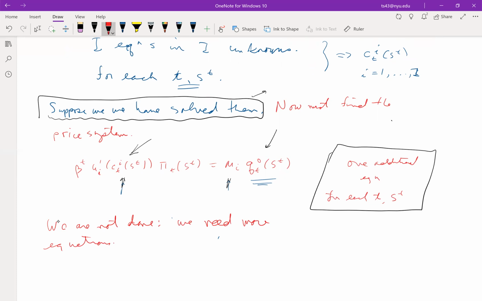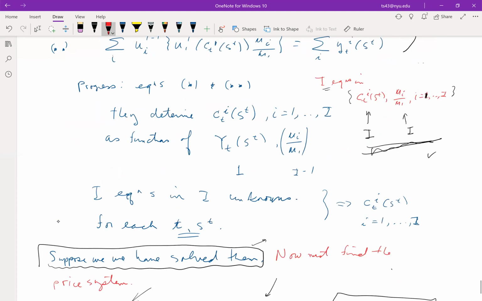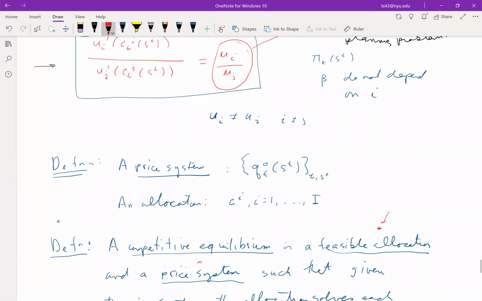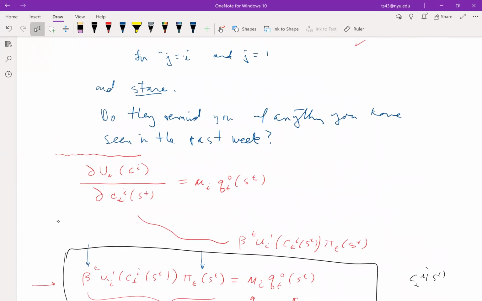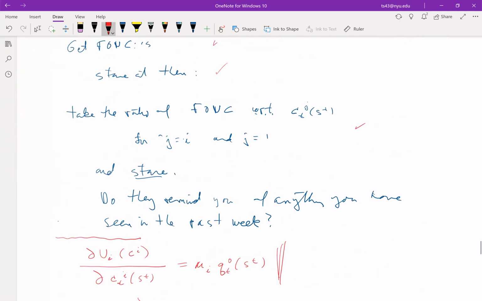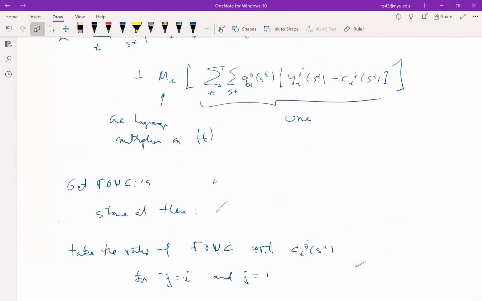So what we have to do is go back to the individual's problem. I forgot to look at something that came from this problem. There's a first order condition, and I've been working with that, but I haven't been working with something else, and that is where the Lagrange multipliers come into play. I have not been working with minimization of this with respect to the mu_i's.